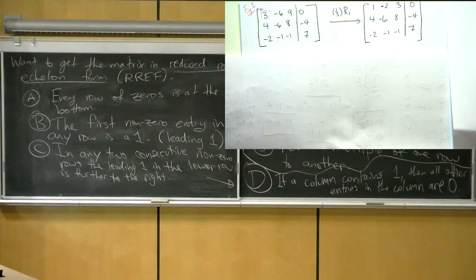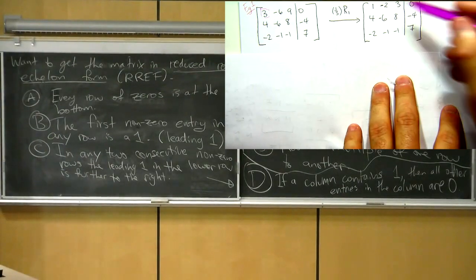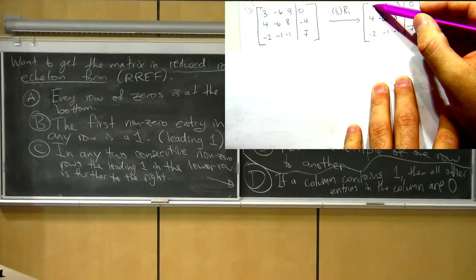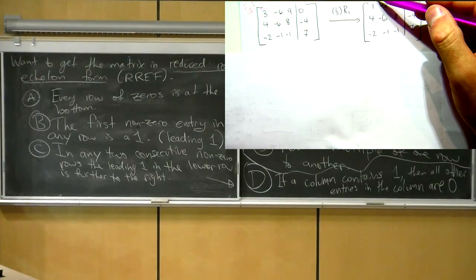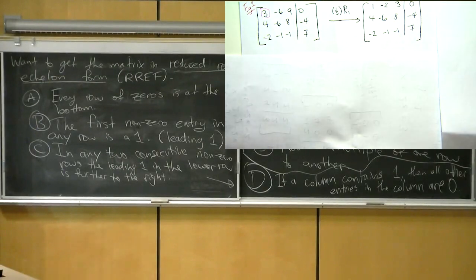Okay. So that's half of what you have to do. I'm pivoting the first column, which means I'm trying to get 1 in the first column, and then 0, 0, 0, 0, 0. So I've got my 1. Now what I want to do is get zeros everywhere else. How could I get a 0 in this position?